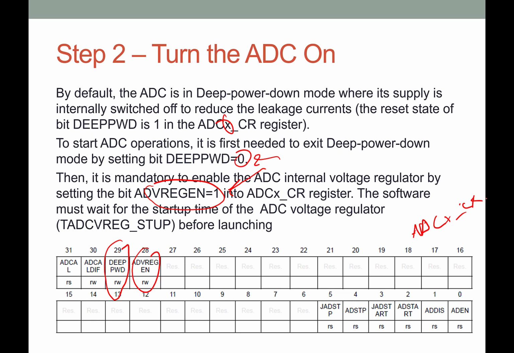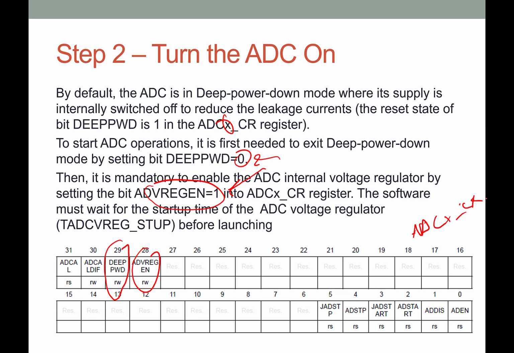It says the software must wait for the startup time of the ADC voltage regulator before launching a conversion. In other words, you turn on the analog to digital converter, which has been in a deep power down state, and then you enable the voltage regulator.